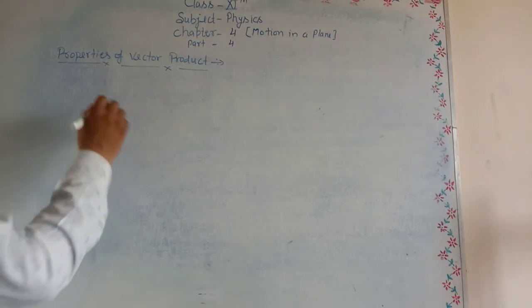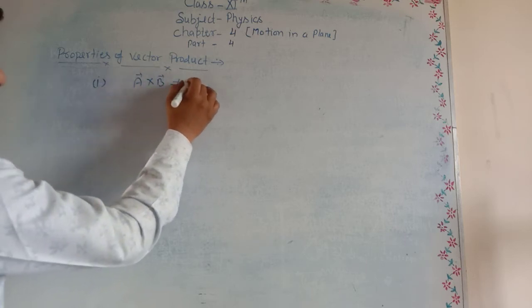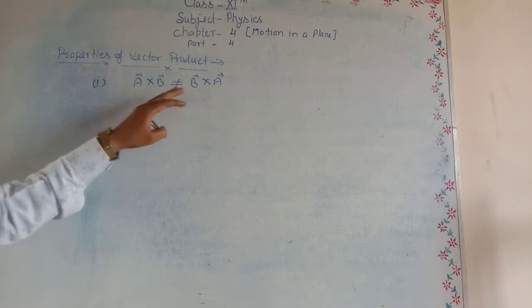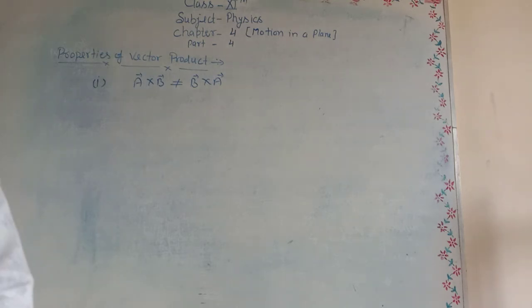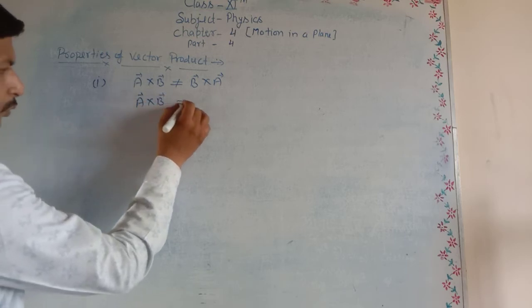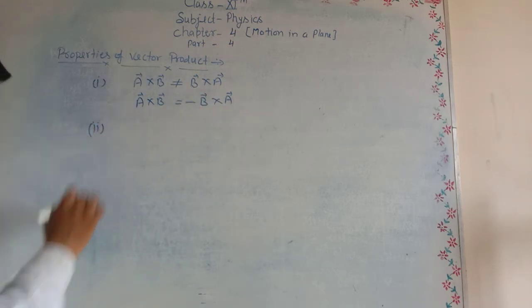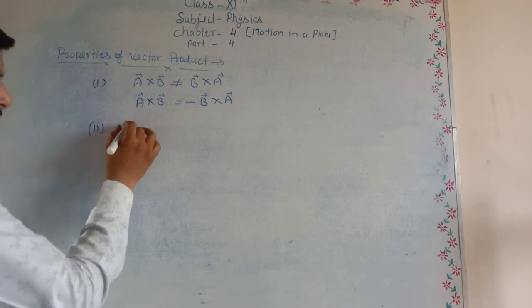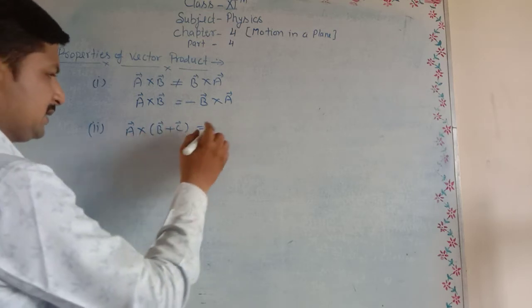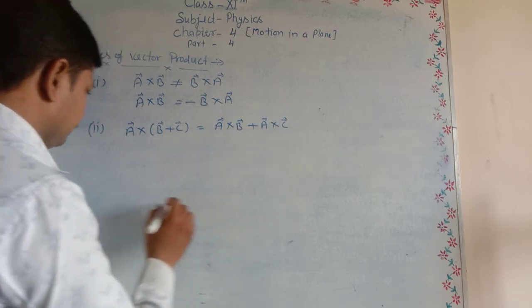Property number one: A cross B is not equal to B cross A. Okay, students, we cannot write A cross B equal to B cross A. Rather, A cross B is equal to minus B cross A. Second property: A cross (B plus C) is the simple multiplication, A cross B plus A cross C.